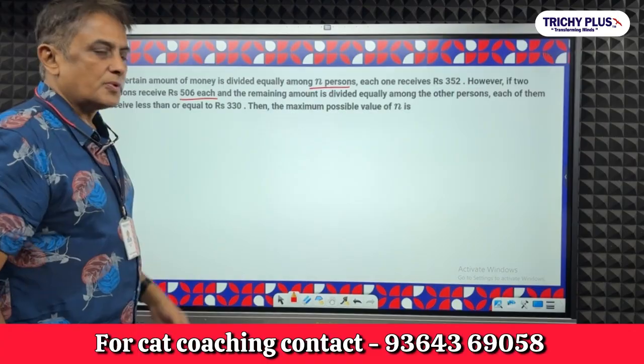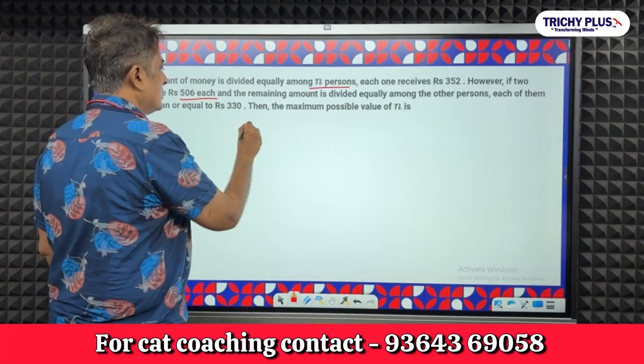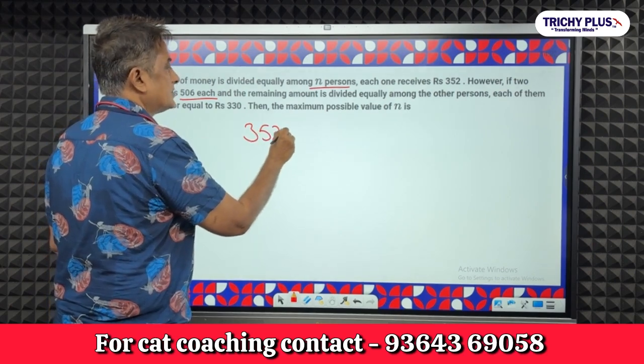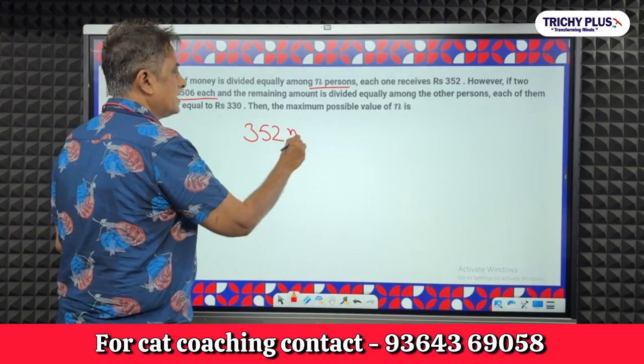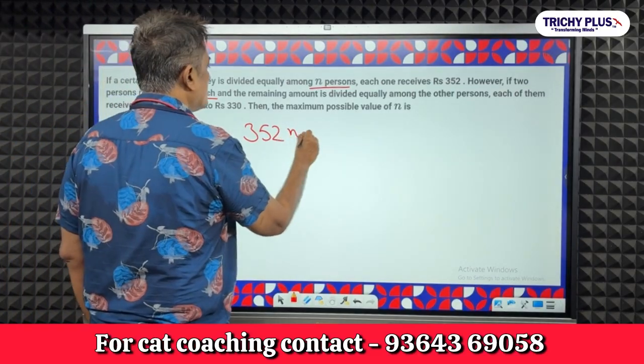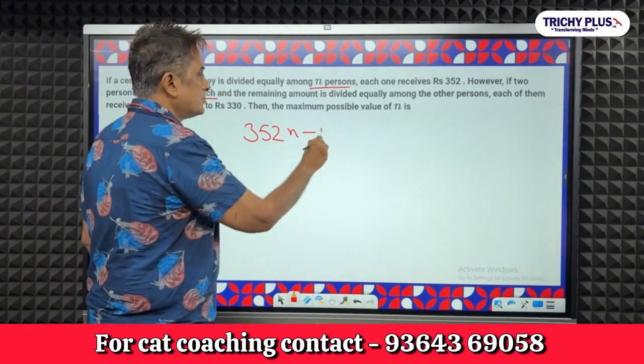The maximum possible value of n is? What does it mean? 352 rupees is received by n people. But out of these, there are 2 people getting 506 each. So 506 into 2 is 1012.